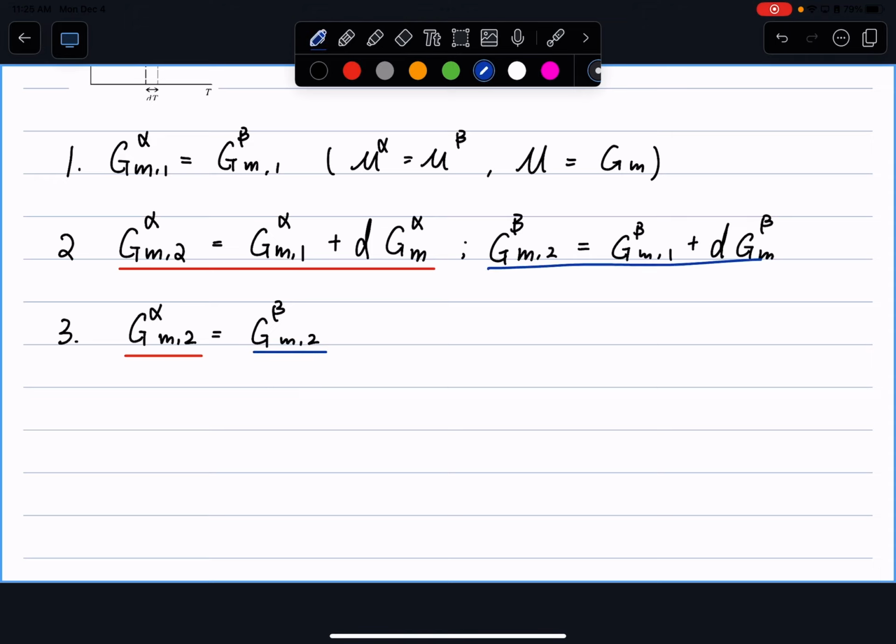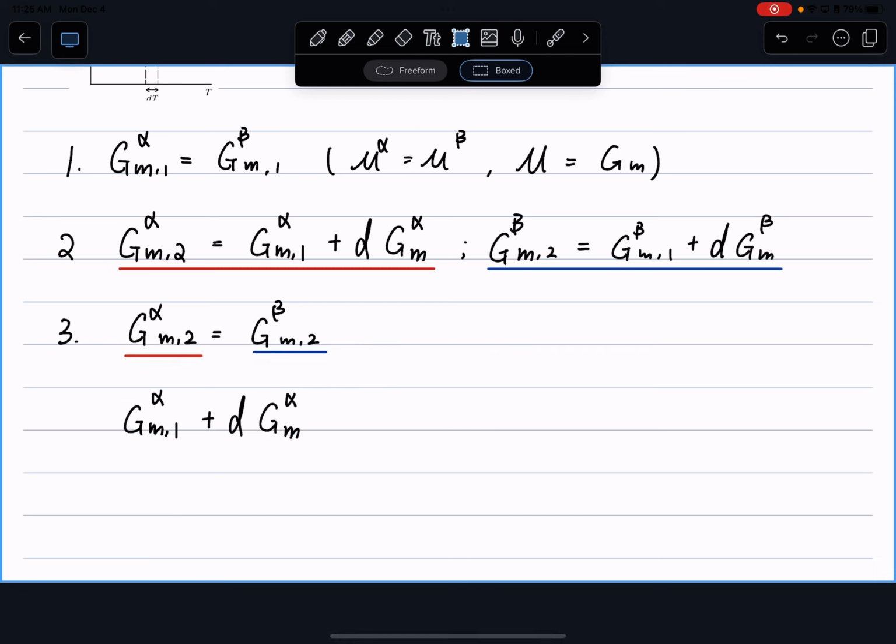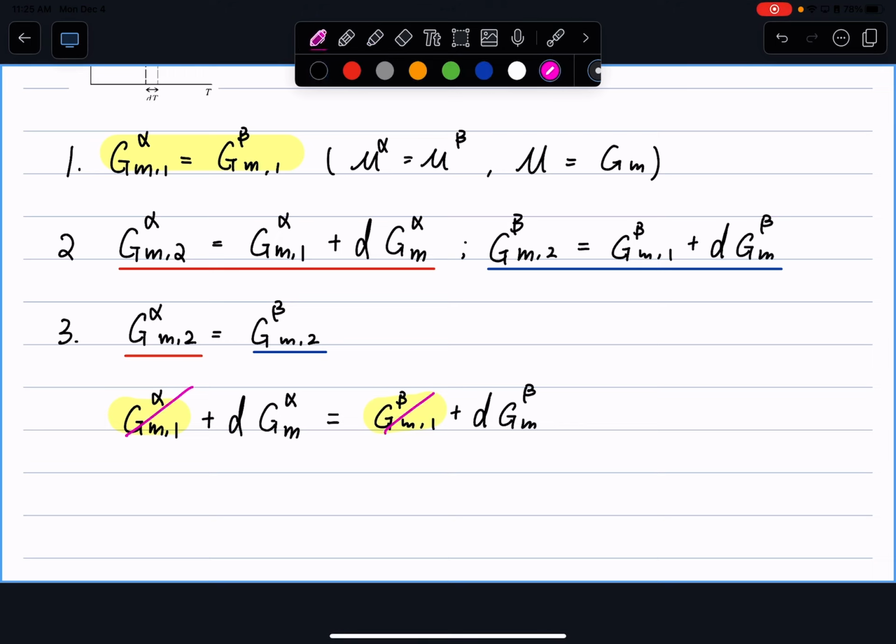And this one is here. So we can write these two to be equal to each other. All right, just different expressions of your molar Gibbs free energy at point 2. And since we know the molar Gibbs free energy at point 1 for phase alpha and phase beta are equal to each other, these terms will cancel out because they're equal to each other.